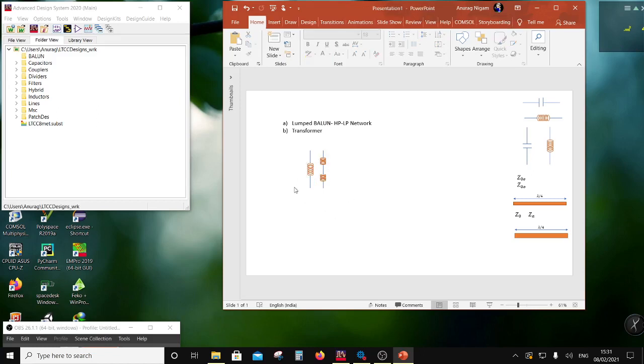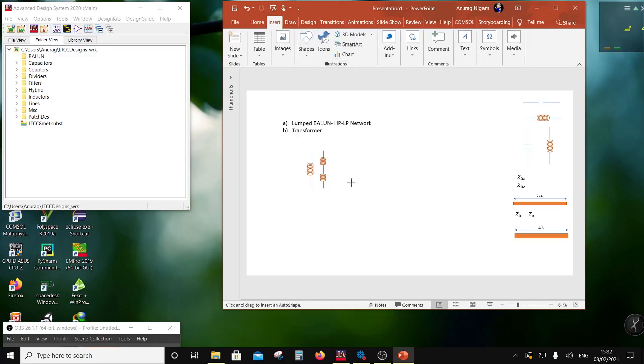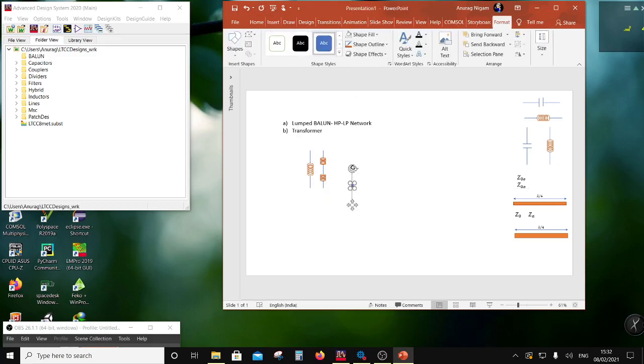Okay, so it is going to have primary as the input, right? And so basically you will give input to one side, and then there is a center tapped secondary, like over here.